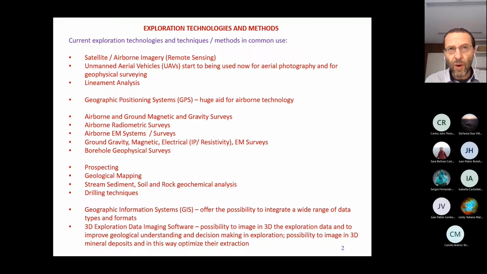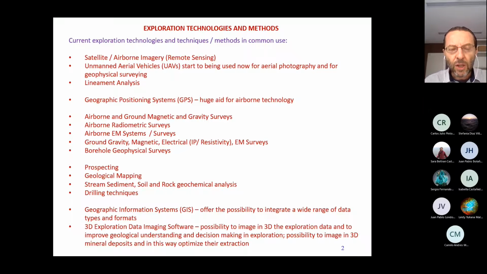And also, when we get all this information into our computers, we use GIS software, so we can bring all this into the same project and look at it. And more recently, we have 3D imaging software. So people can use the information they acquired to try to build 3D images of the volume that is of interest. The volume can be directly the volume with a certain geochemical anomaly or with a geophysical source, as it is interpreted from the geophysical data, for instance. So this is what we are doing.